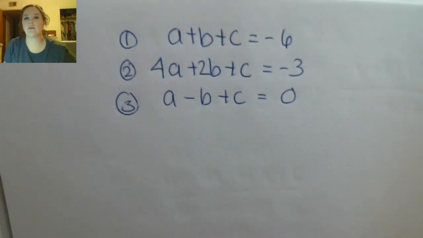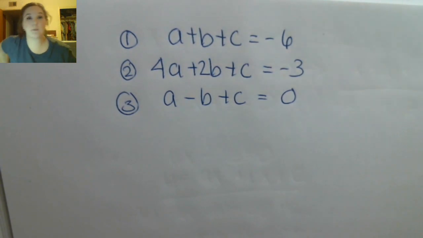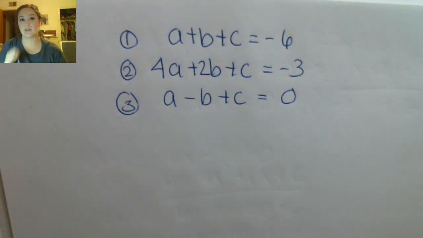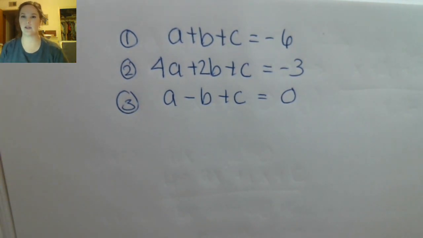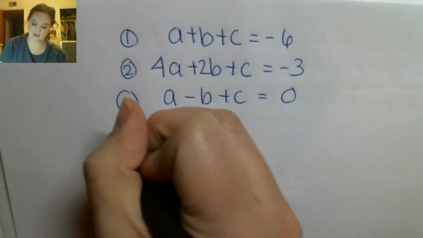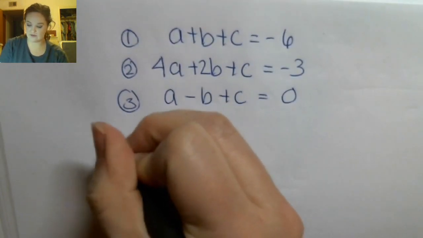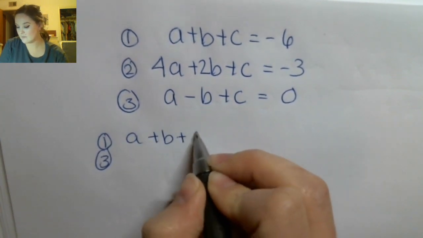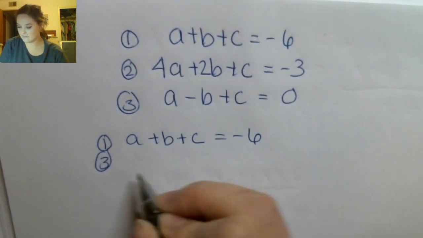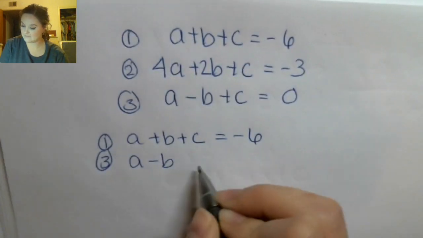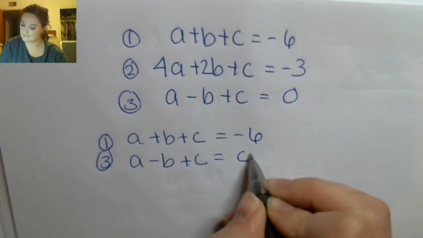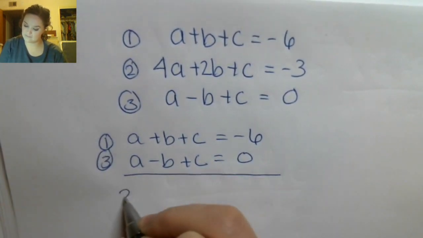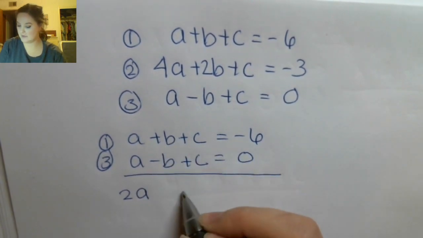I've rewritten all 3 of my equations that I got from plugging in those points to y equals ax squared plus bx plus c. Okay, so I'm just going to add equation 1 and equation 3 together. Okay, so that eliminates b.